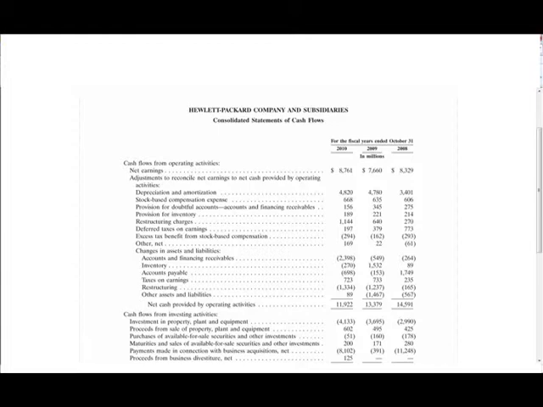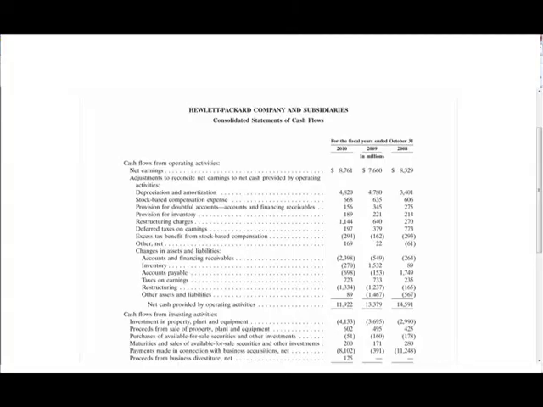The items that followed were ones that decreased cash provided by operations. These include excess tax benefit from stock-based compensation, accounts and financing receivables, inventory, accounts payable, and restructuring. Overall, the net cash provided by operating activities increased from $8,761 million to a net earnings of $11,922 million.